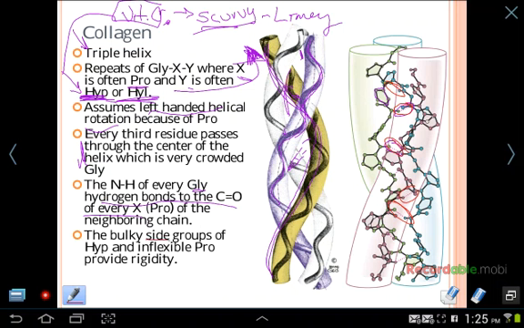Also, the bulky side groups of the hydroxyproline or hydroxylysine and the inflexible proline backbone provide even more rigidity and structural stability. So that's again why if we lack vitamin C, which means we cannot produce hydroxyproline, we will weaken the structure, because we need that bulky side group from the hydroxyproline in order to stabilize the overall structure.